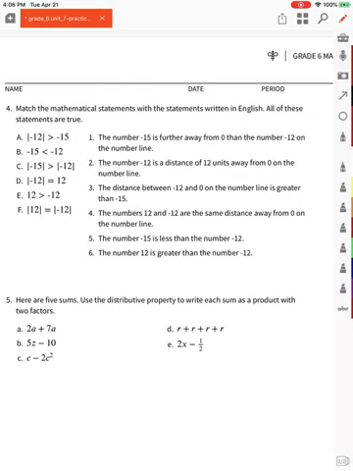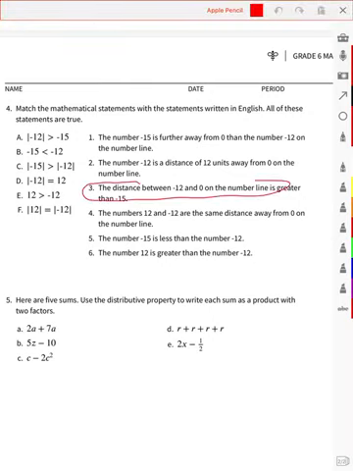So that's going to be this one, number 3. B, negative 15 is less than negative 12. And that's what I just said. So that one is this one.